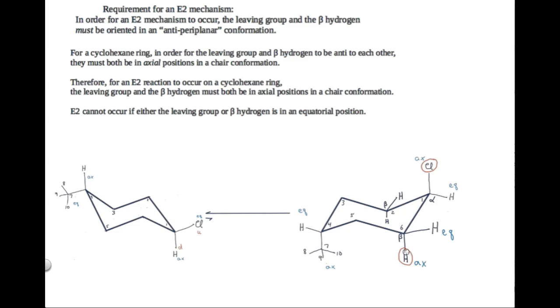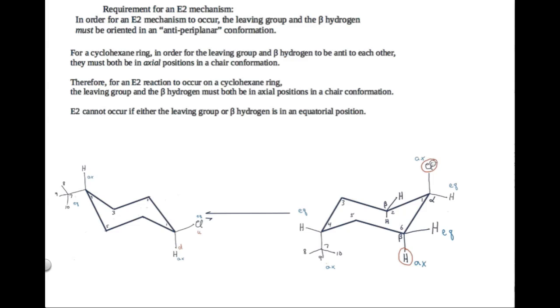So they really are pointing in exactly opposite directions. They really are oriented anti to each other. So you can see that in order to get an anti-conformation between the leaving group and the beta hydrogen, they really do have to be in the axial positions on the chair conformation.